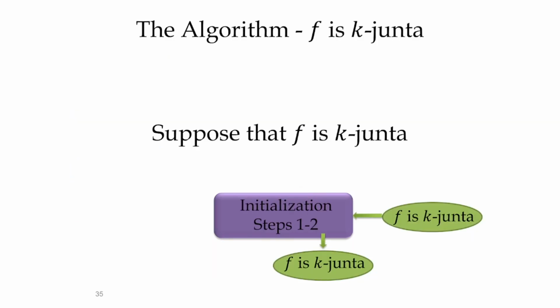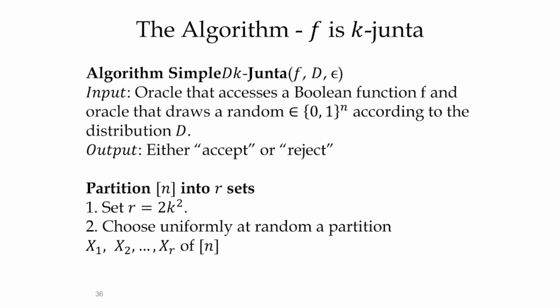Let's go over the algorithm again in the path where f is k-junta. In the first part, we make the partitions and we stay with the same k-junta function.